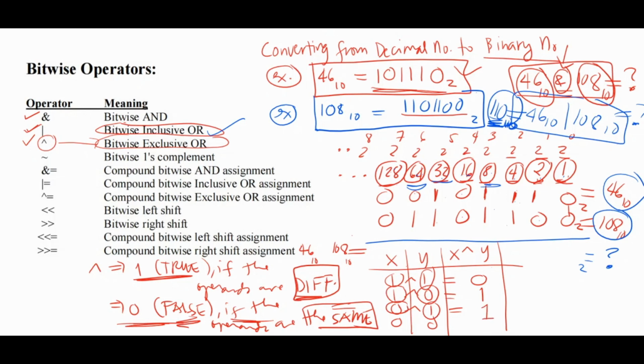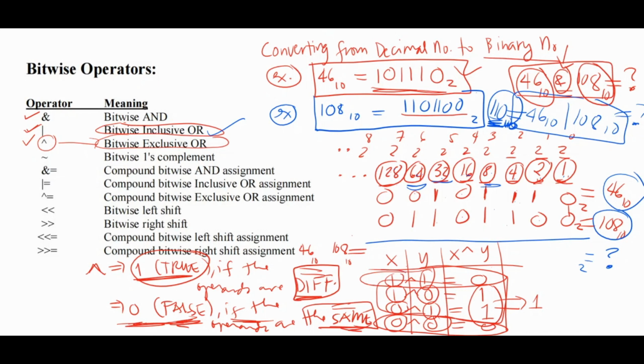And for the last, 0 exclusive OR 0, it would result to 0. Why? Because these two are the same. Same operands return 0, different operands return 1. Again, bitwise exclusive OR would result to 1 or true if operands are different. It would result to 0 or false if the operands are the same.